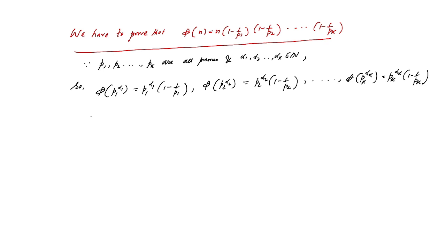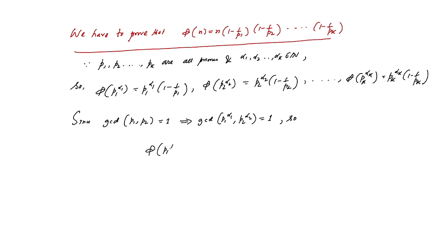So now, since GCD of p1, p2 is basically 1, that implies GCD of p1 to the power alpha 1, p2 to the power alpha 2 will be 1. So what can we write?